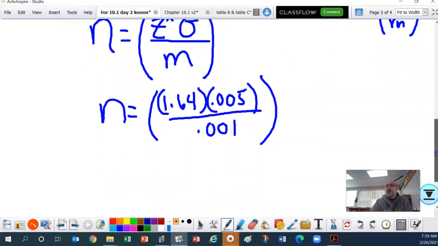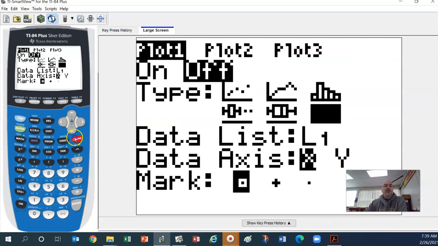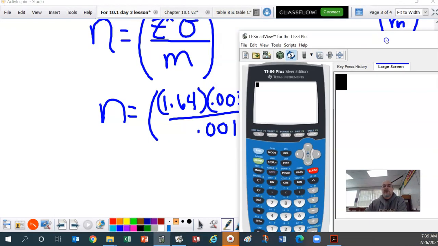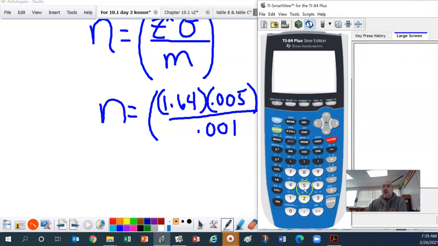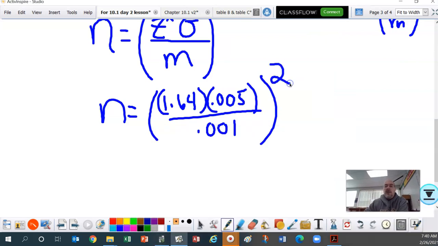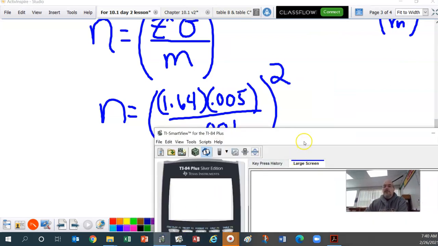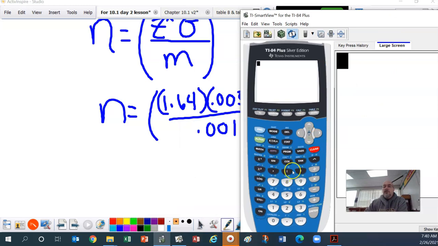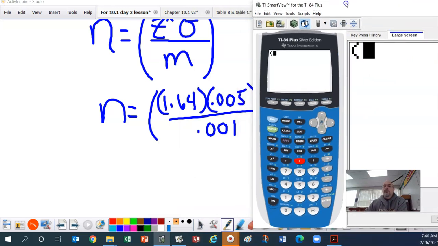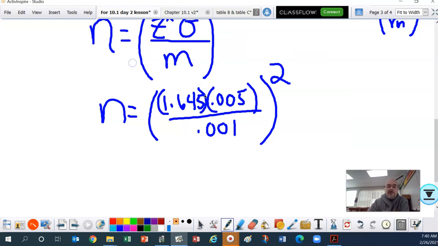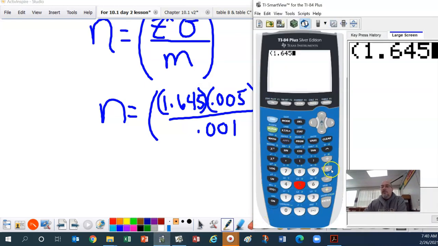Okay. All right, calculator time, and let me get this cleared. Let me move this over here. So I'm going to go ahead and, did I put the square on that? No, I didn't. We got to square that, folks. All right. So I'm going to go parentheses, 1.645, forgot that 5, times, I do not need to use the parentheses inside that.